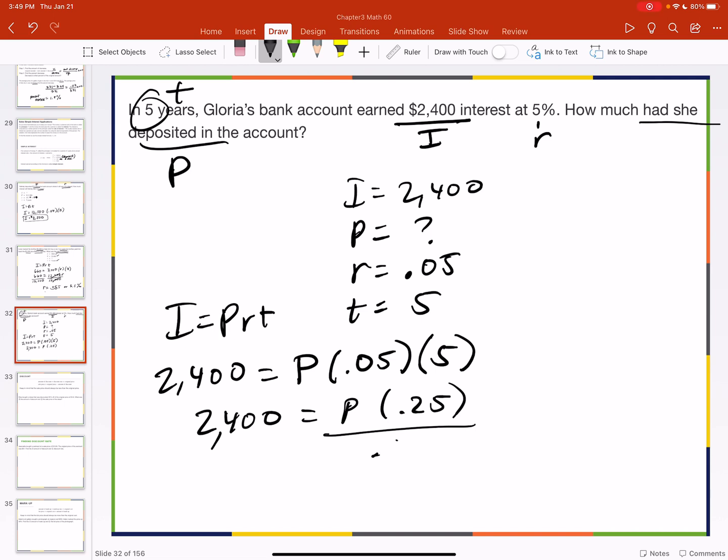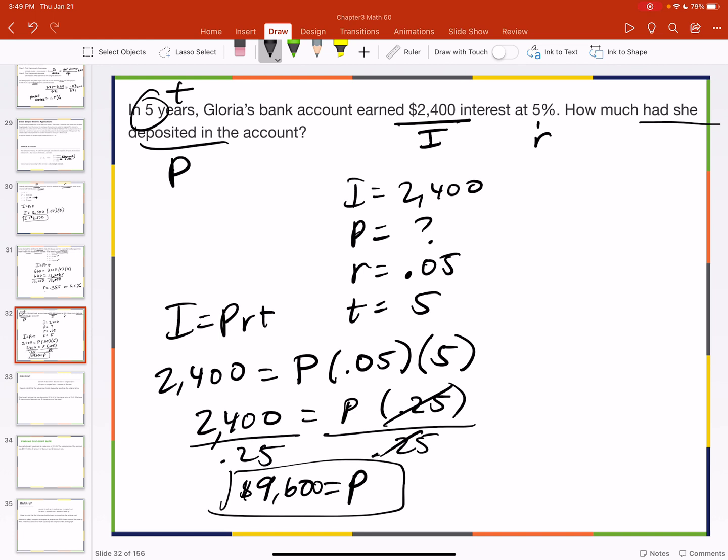So divide both sides by that. Okay, and we get P is equal to, so 2,400 divided by 0.25 is 9,600. Okay, that's the initial amount deposited.